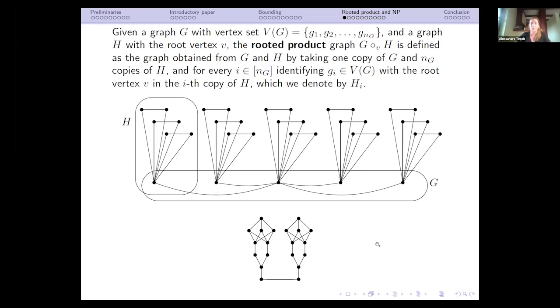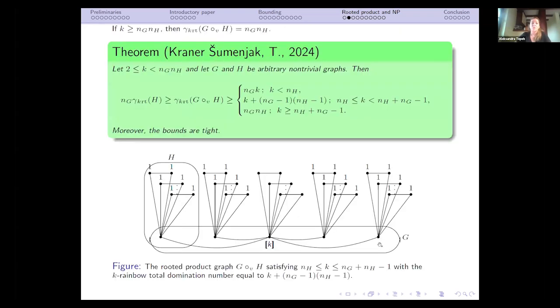And for the rooted products, with Todea, we obtained the bounds. Of course, we considered only the cases when k is less than the cardinality of the rooted product, because in this case, by an observation we made previously, we obtained nothing interesting. That's why we have this assumption.